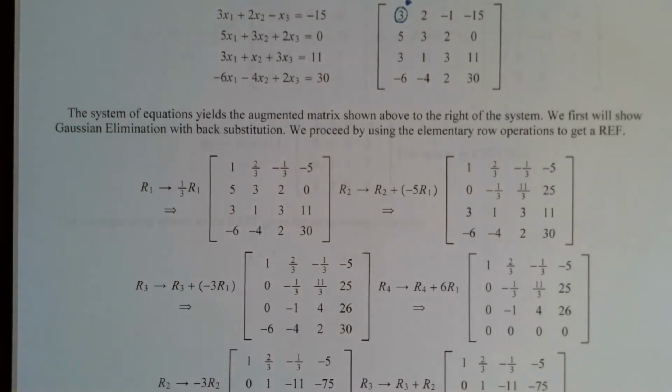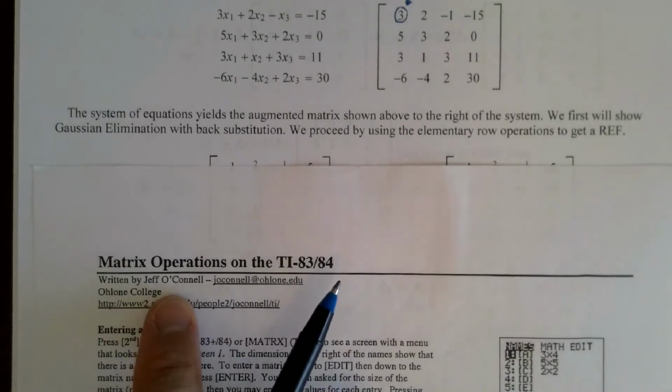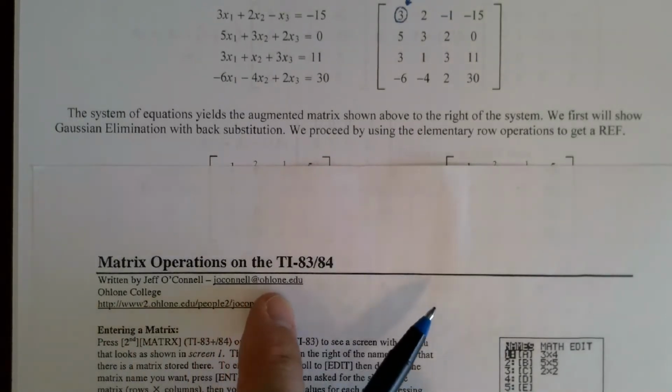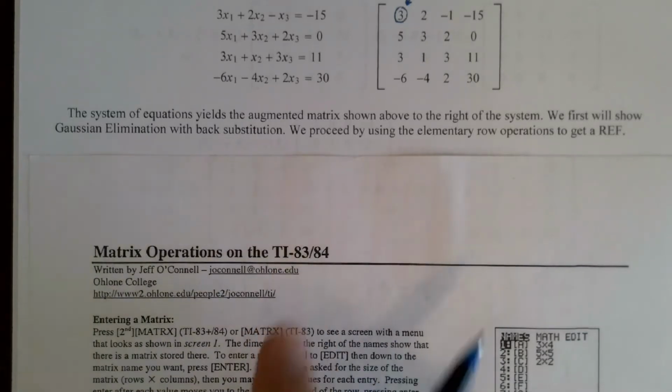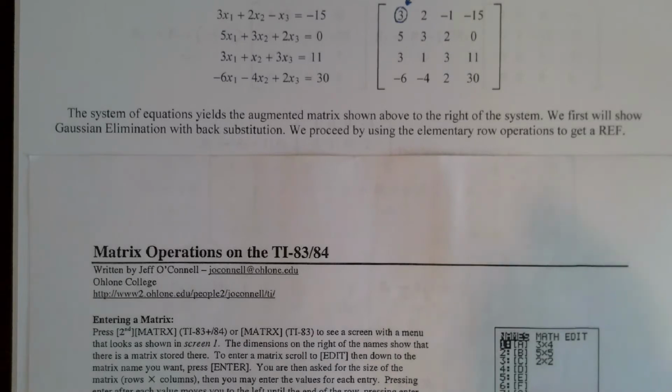There is a handout link that I linked to in Brightspace, written by Jeff O'Connell at Olone College, and this one's for the TI-83/84. I think he does one for the TI-85 and 86, and a couple other ones possibly.